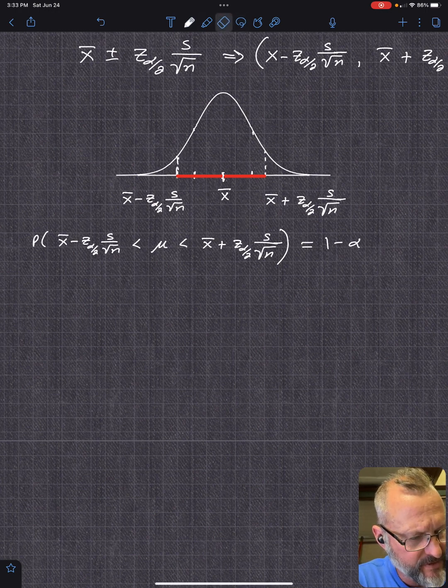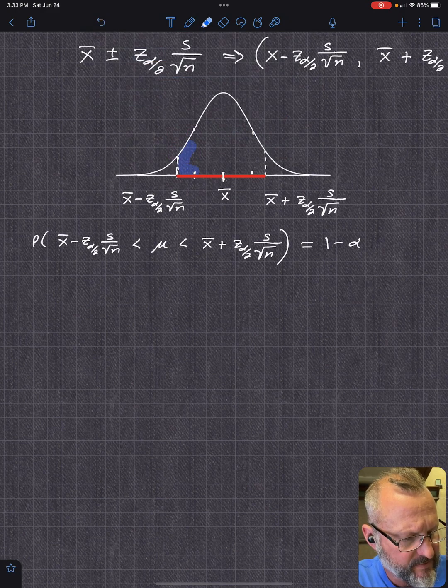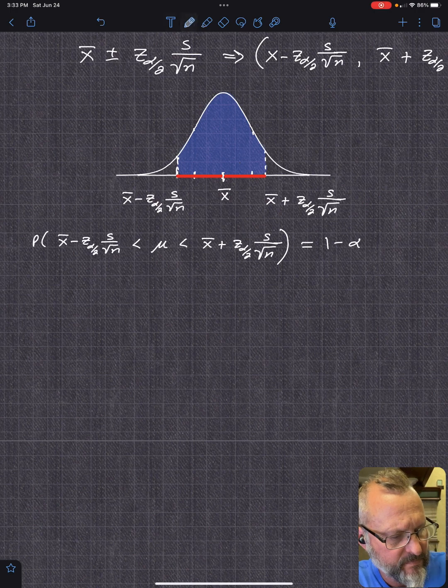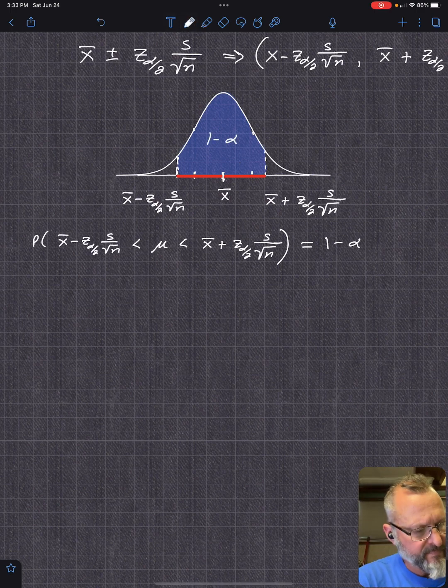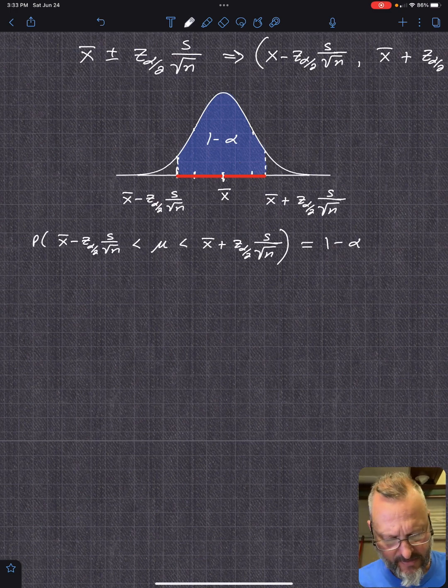That's this area. Okay, so this is your 1 minus alpha. So when you do that calculation, that's what we're saying. So you construct it to be whatever percent we're looking for, 95, 99, etc.